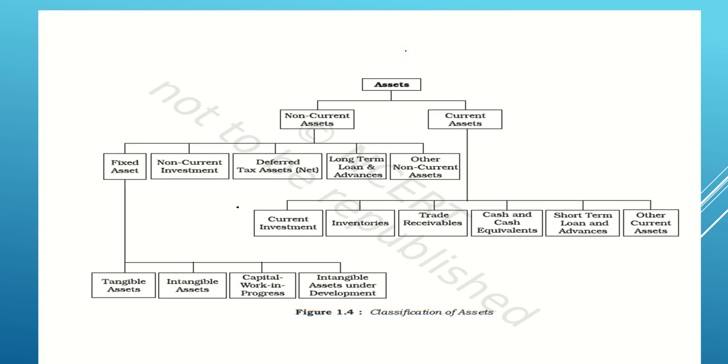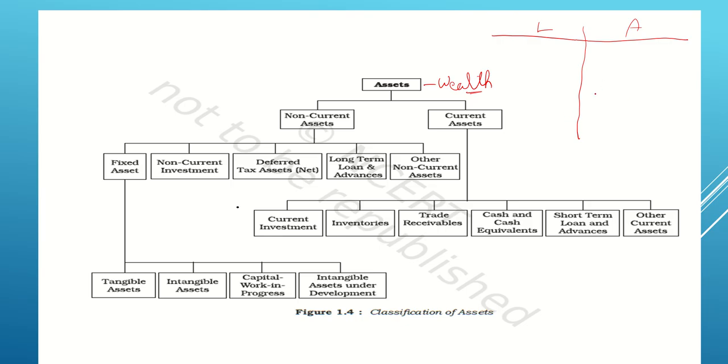Next, assets. So assets are nothing but the wealth of the business. Okay, so they are of two types, non-current assets and current assets. So if you see the balance sheet of a company, you can see assets in one column and liabilities in another column.